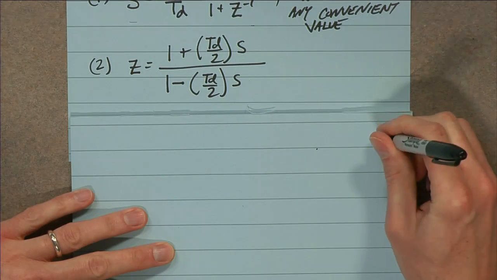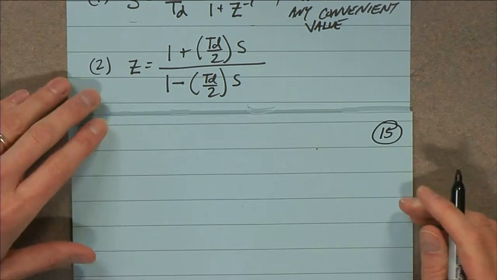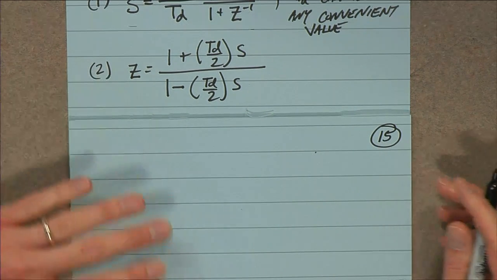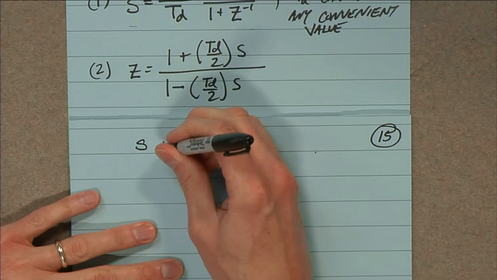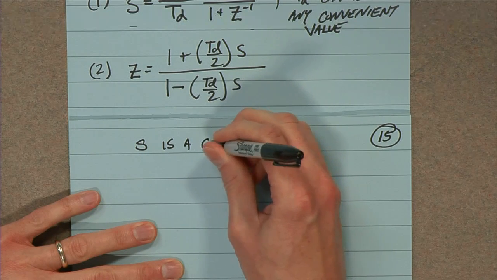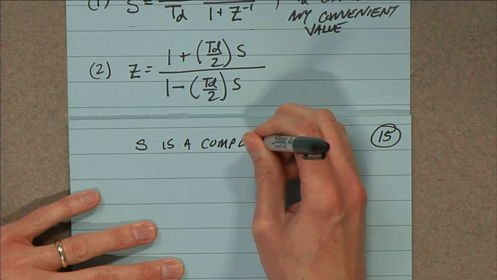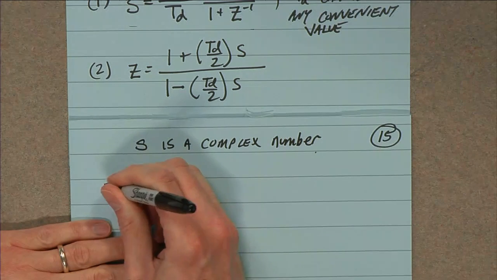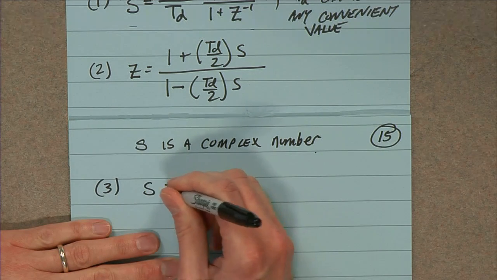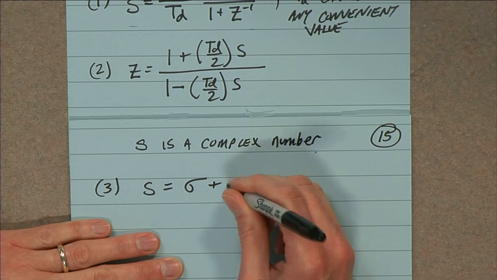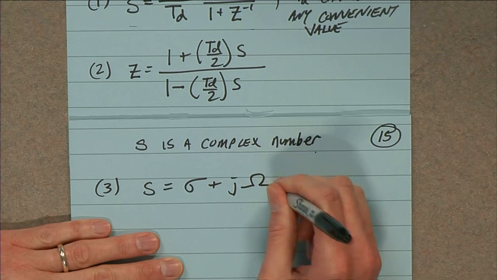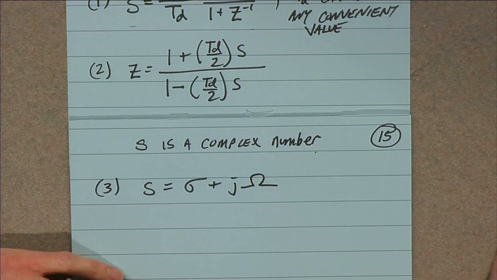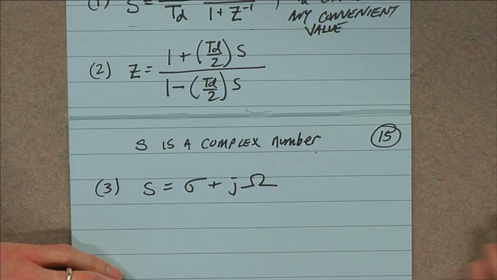What's going on? So what is s? If you remember, s is just a complex number, right? And typically you could say s is some real part, sigma, plus j times some imaginary part, which we're going to call omega, because omega is that axis.